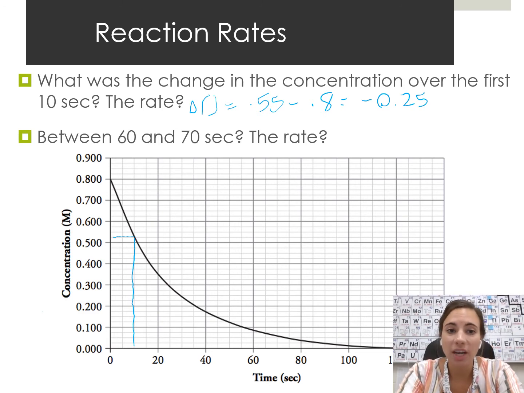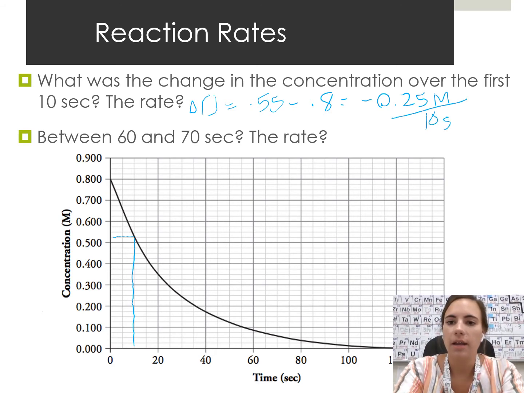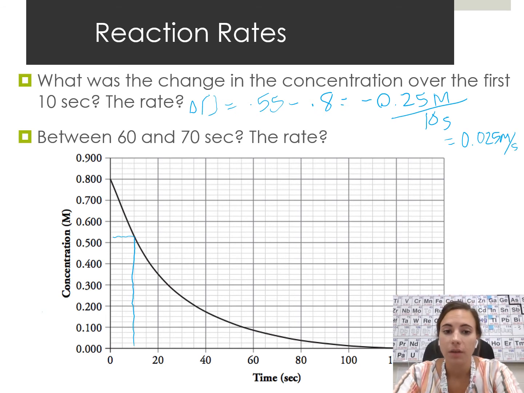So that's my change in concentration. Now, in order to make it a rate, I have to divide it by time, so 10 seconds, and I get that my rate is 0.025 molarity per second. So over the first 10 seconds, my concentration of reactant was changing by 0.025 molar every second.